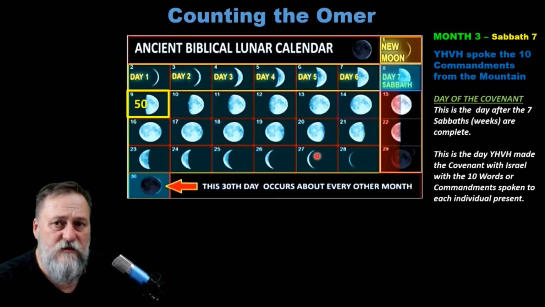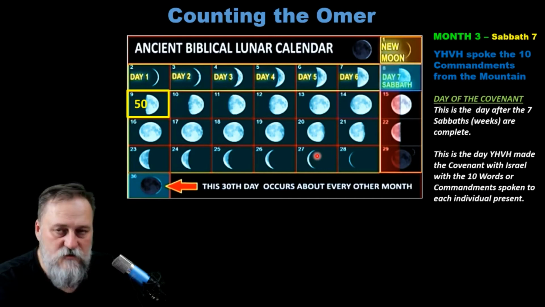But for us without the temple, we are allowed to celebrate it on day 50, which commemorates the receiving of the commandments, which Yahweh spoke directly to his people. So it's not wrong to do the first one, it's not wrong to do the second one or the third one, but the 2 most significant ones are the first one and the last one, because the last one is the commandments that are still intact.